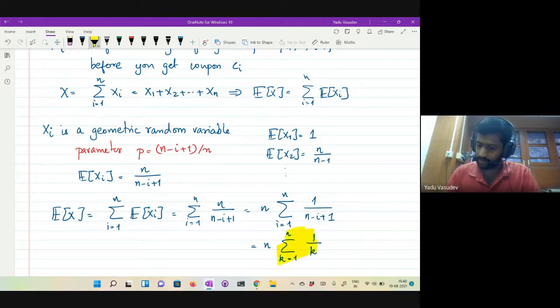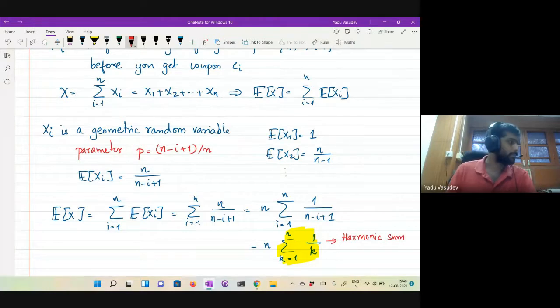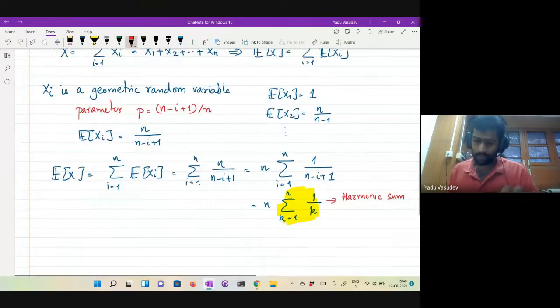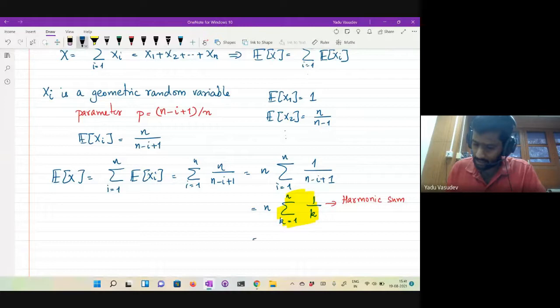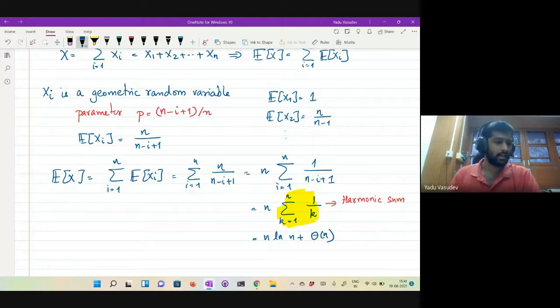So this is the harmonic sum, and therefore this number is n ln n plus theta n. So in expectation, you need to buy n log n boxes before you will see all the different coupons available. Is that okay? Any questions on this analysis?